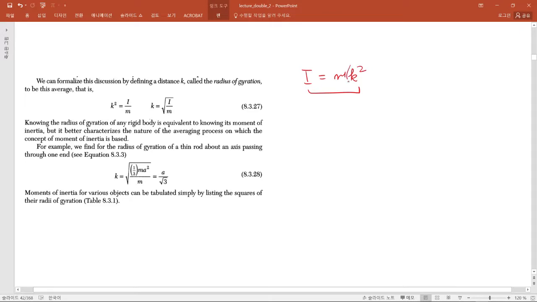That is the average kind of distribution of mass at this point here. So that is the definition of radius of gyration.